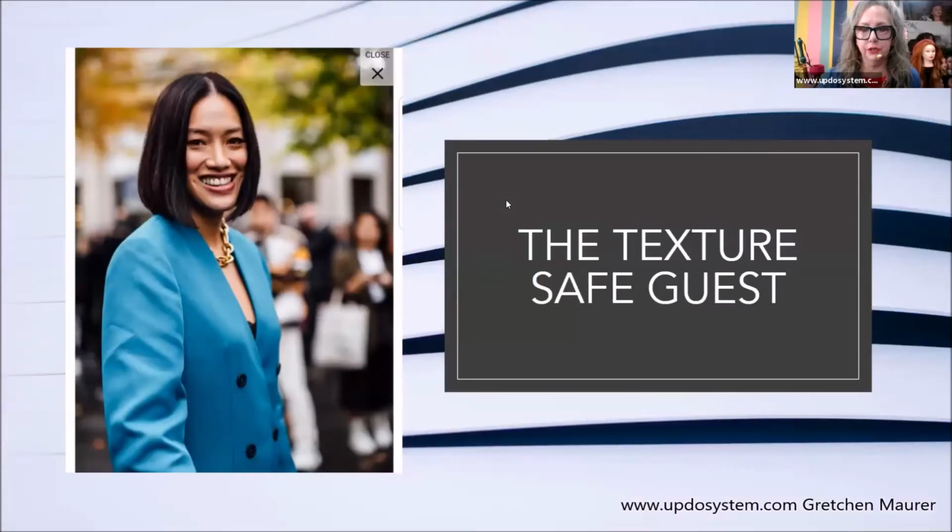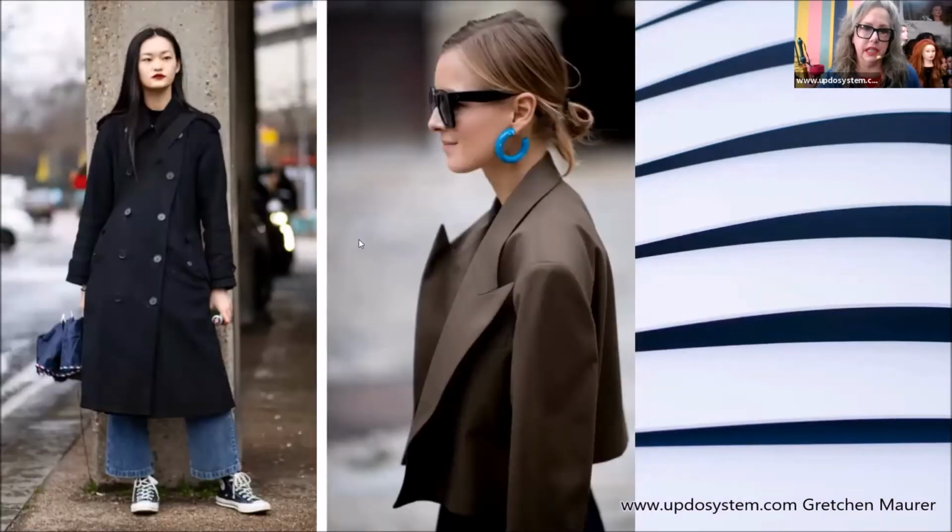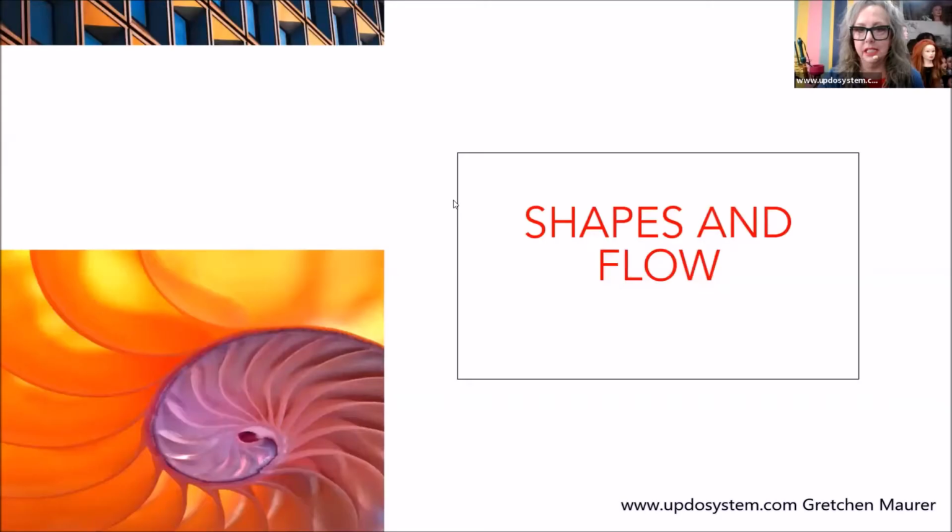Now here's your texture-safe client. They could be understated, they could be preppy, they could be minimal. Maybe their apartment is minimal and not boho. It doesn't mean they're shy or quiet. This girl on the right has really bold earrings and really bold glasses.